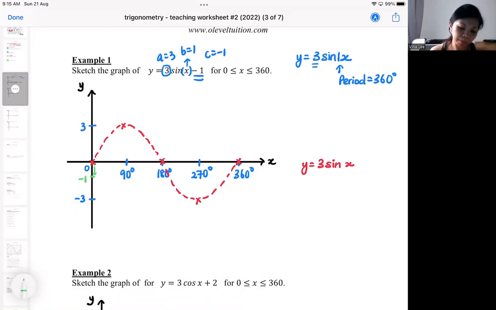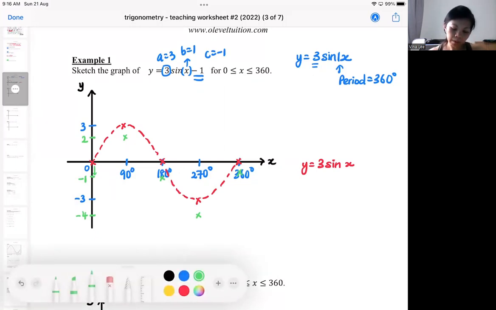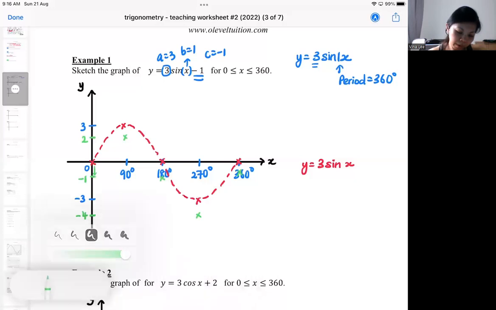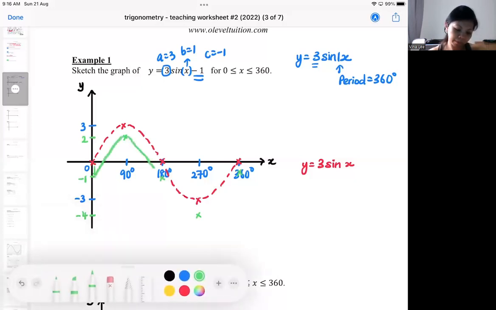So you literally shift down this point. So you will come to a minus 1. So you shift down this point, you will come to a 2. So every point must be shifted down. And then when you join the shifted graph, that will be the final graph.